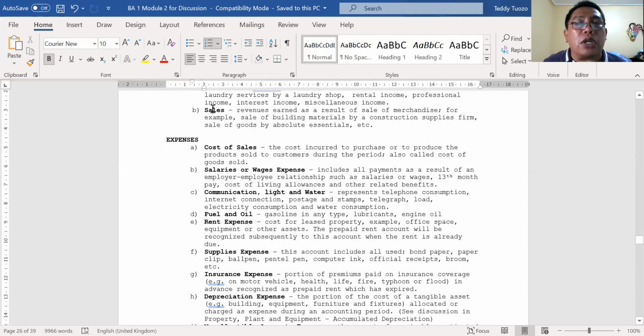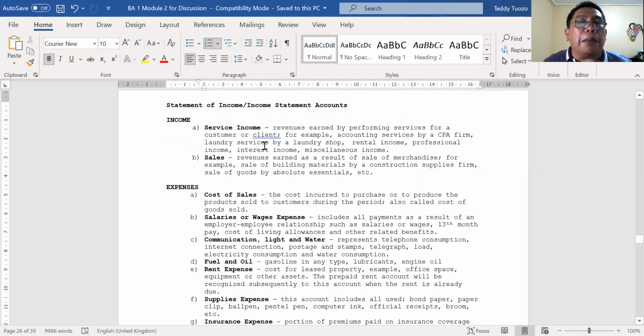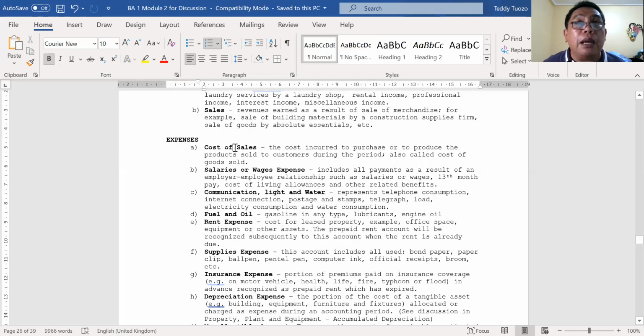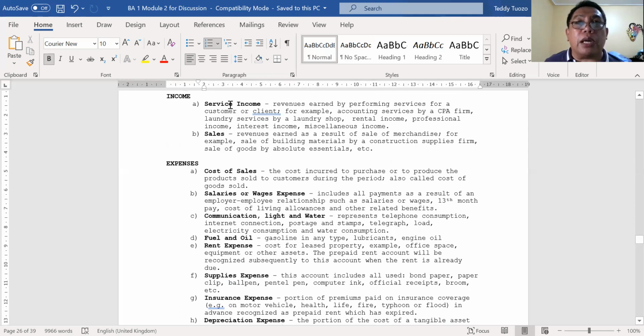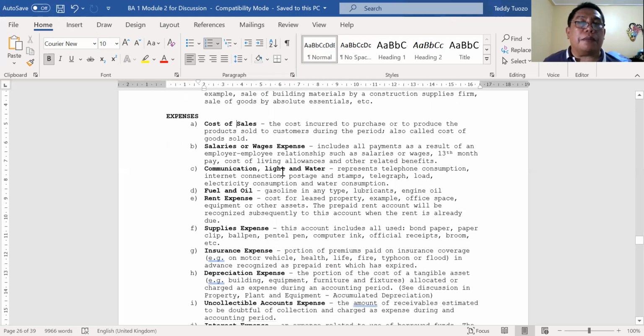But if you are only into service income, of course, there will be no cost of sales. But there may be cost of service. If you are merchandising or trading, then you should have cost of sales. But if you are rendering service, and your product is service, then you may have a cost of service.